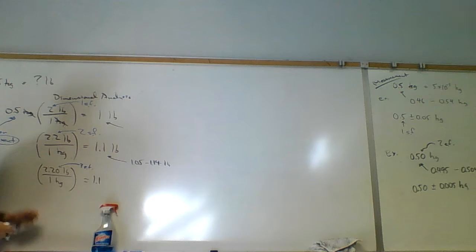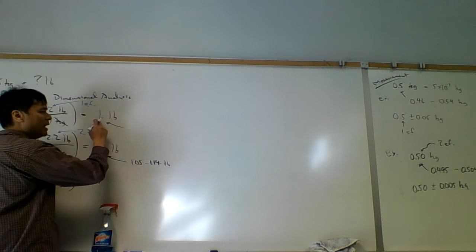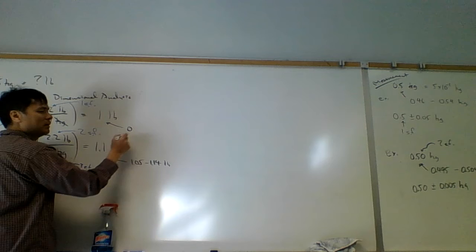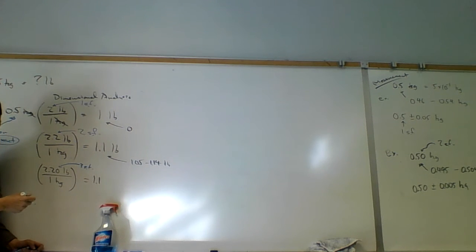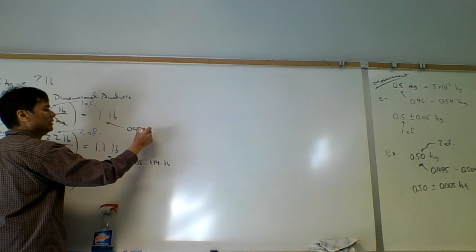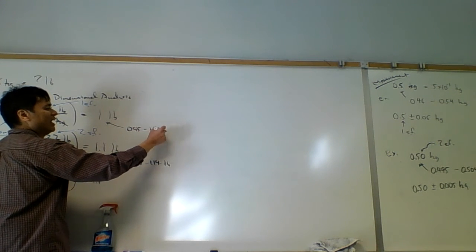If I go in and buy 0.5 kilograms, the guy said, okay, I'm going to weigh out 1 pound. Well, when they weigh out 1 pound, that's just 1 sig fig. If they weigh that out to 1 sig fig, that could be anywhere from 0.95 to 1.4 pounds.